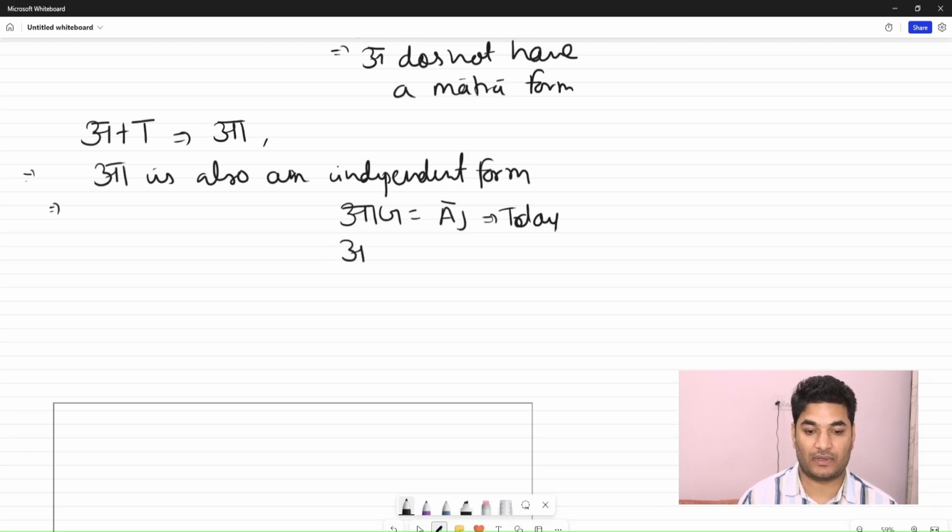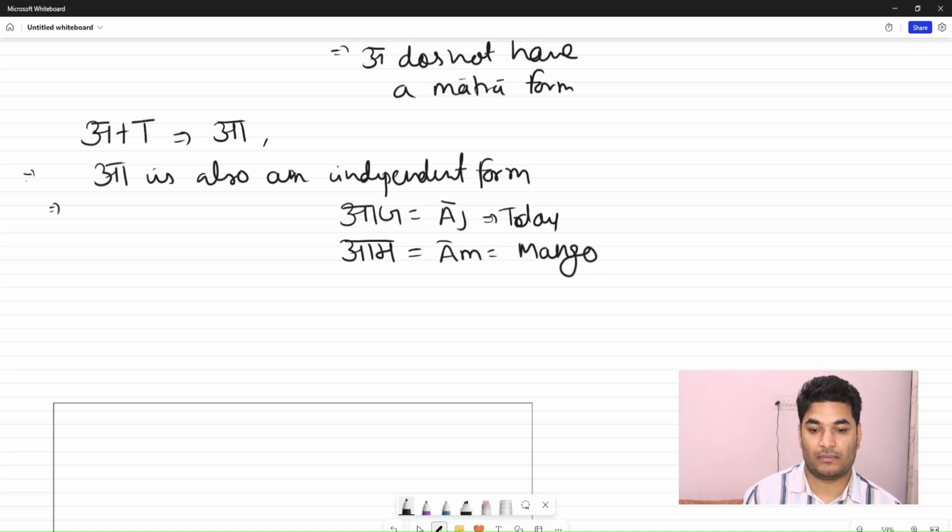Then we have aam. Aam is mango. Now we know a in full form is written like this, and a in its symbol form, when it's placed with a consonant, is written just as a vertical line.